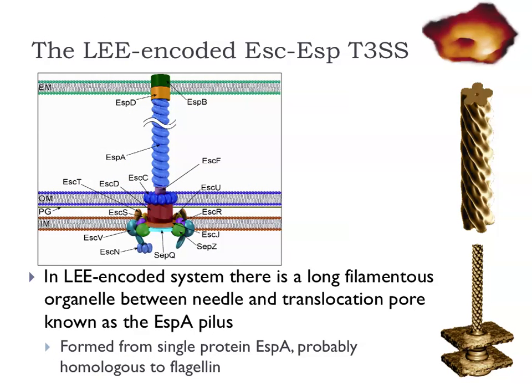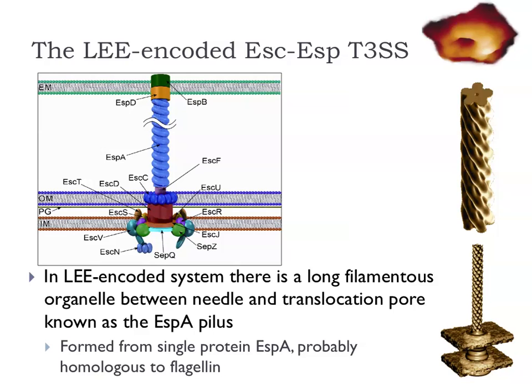Now, as I've mentioned in passing, we have in this system a kind of variation on the common theme, in that we have all this basal complex here, all the same components that you get elsewhere, the ATPase and so forth, these rings spanning the membranes.